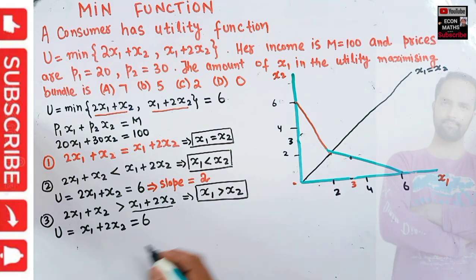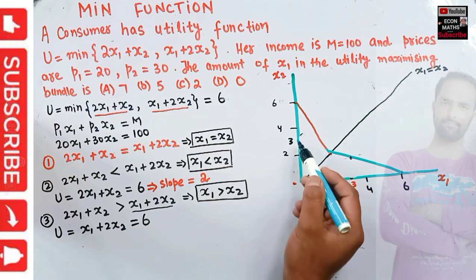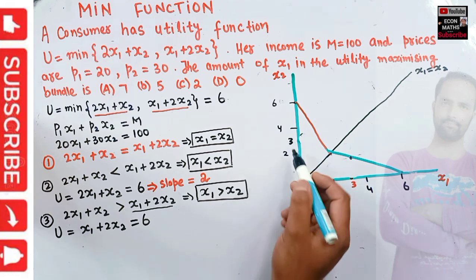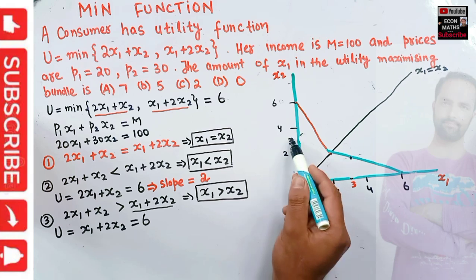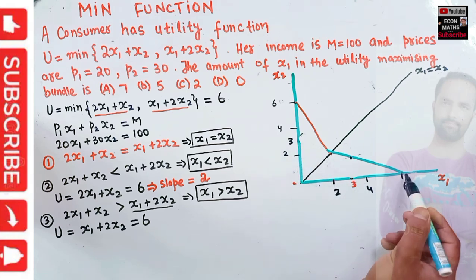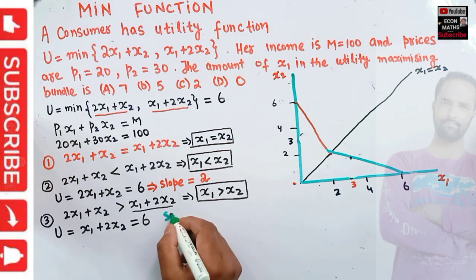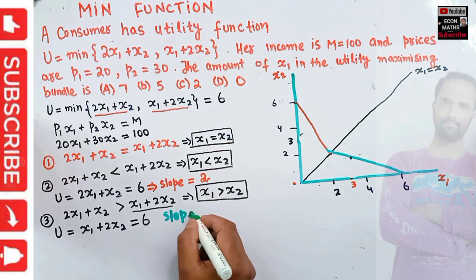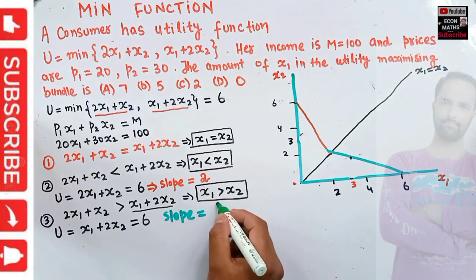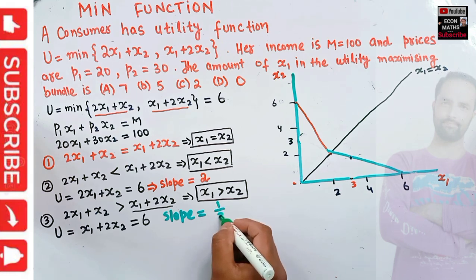Also, the slope we can calculate easily. So here we have 3, slope is equal to rise over run, so we have 3 divided by 6. So in this case the slope of this line is equal to half, 1 upon 2.